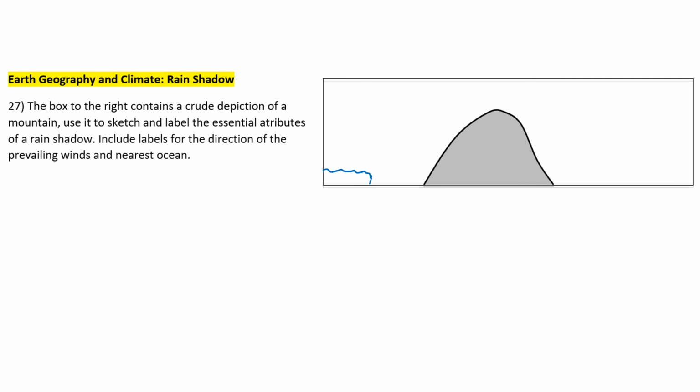I'm going to have land here. So this is the sea level. We have the prevailing winds. And this is called the windward side.